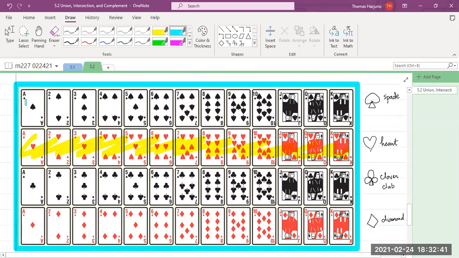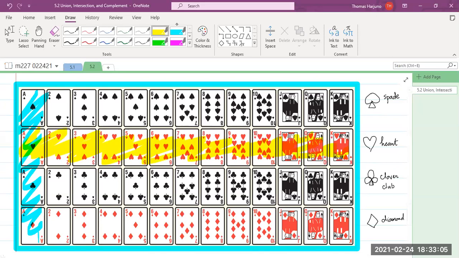4. There are 4, but 1 is already counted. So you are actually right, you add 3 more. The way we count this is that you only count it once, right? So there are 13 heart cards plus 4 ace cards, but you need to subtract the double count. This one is counted twice.